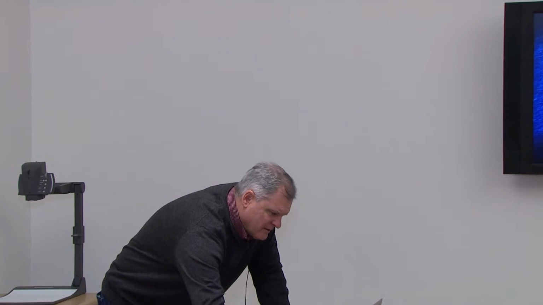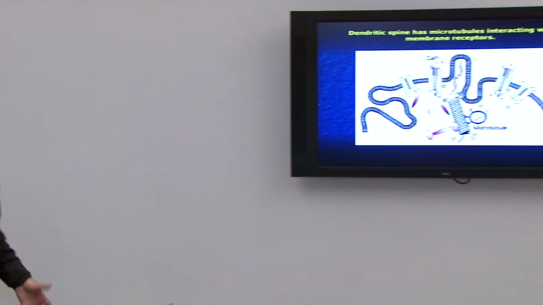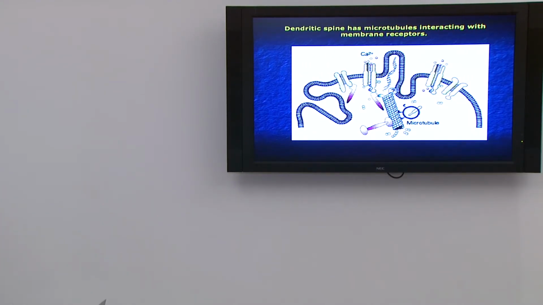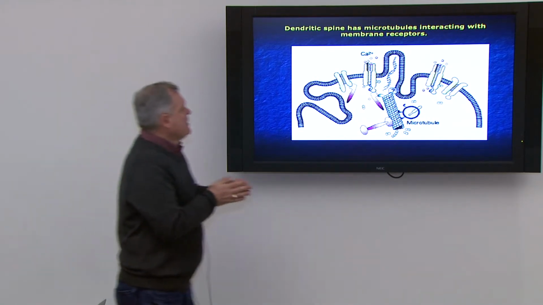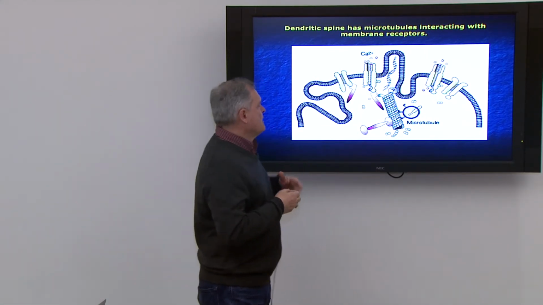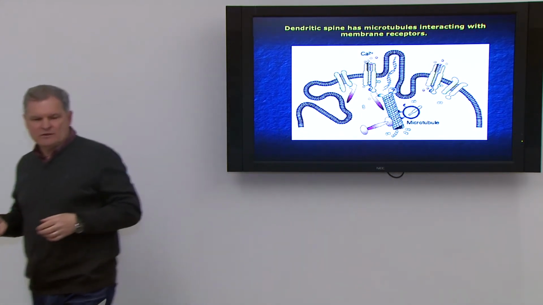And very briefly and quickly, microtubules are not only the most prominent parts of neurons, but they also interact with ion channels, so they allow communication between cells, affect or regulate, if you will, ion channels.